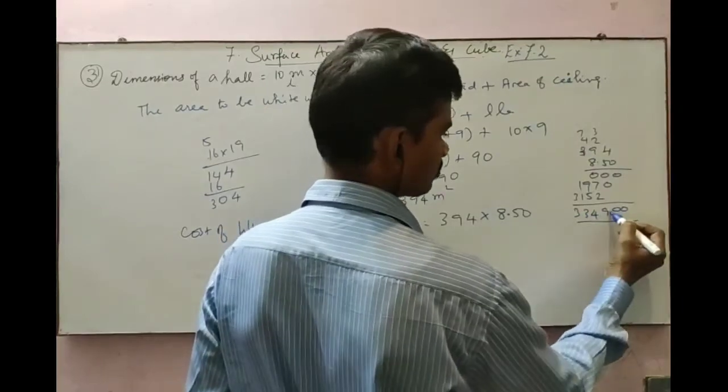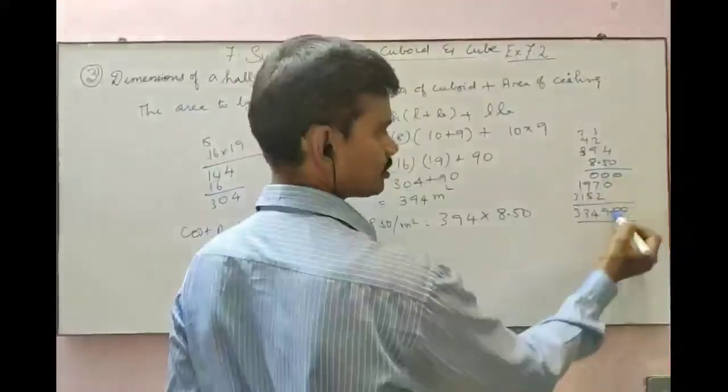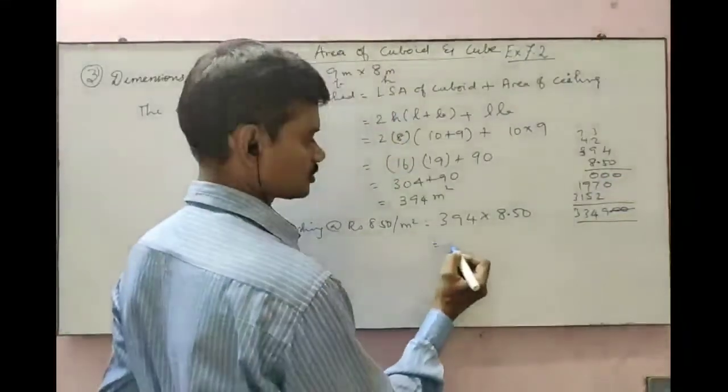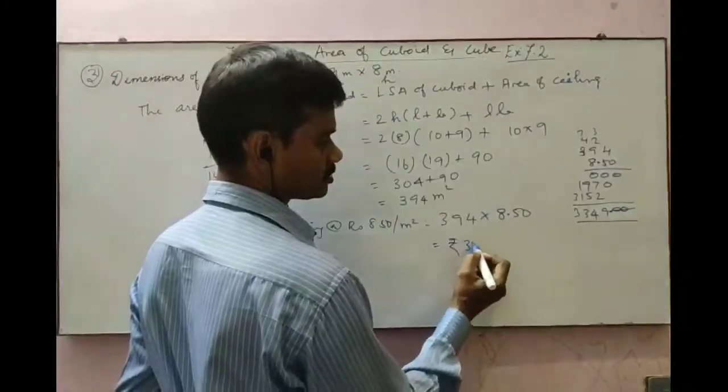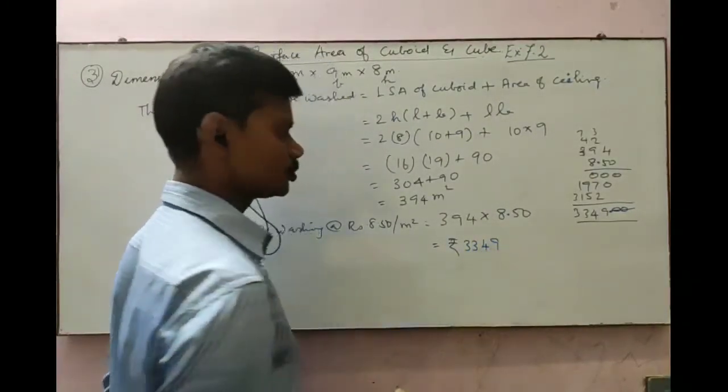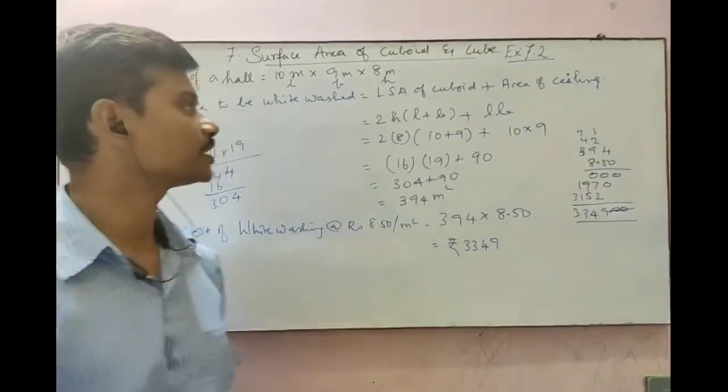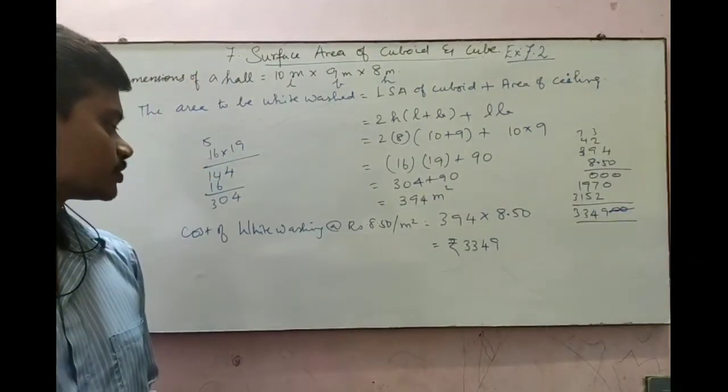If you place the decimal, two digits from the right, you will get the answer as 3349 rupees. This is the total cost of whitewashing.